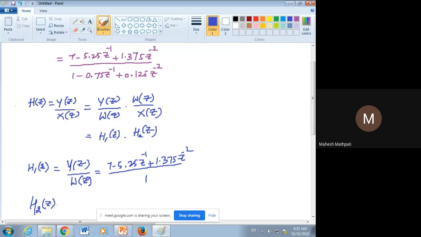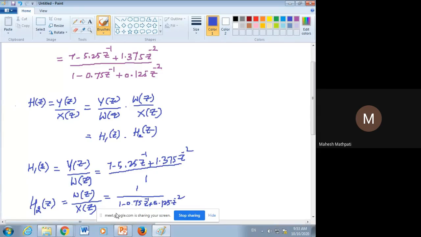H2 of z equals W of z divided by X of z, which equals, what can I write? I can write it as 1 divided by 1 minus 0.75 z inverse plus 0.125 z power minus 2. Are you getting this point? We can write it like this.